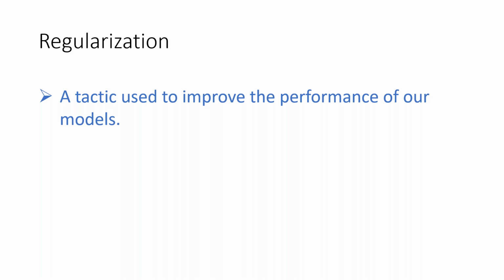When we train with very few data points, in other words you have a lot of features, meaning a lot of columns in a data set, and very few rows, then automatically it is going to overfit. At that time we have to use a tactic to improve the performance of our models, and one such tactic is regularization.